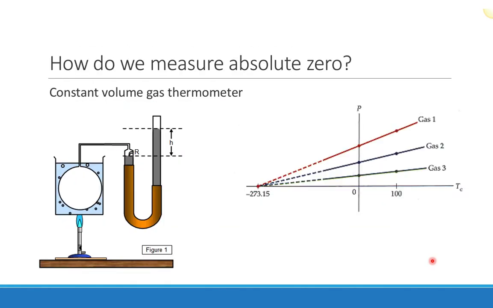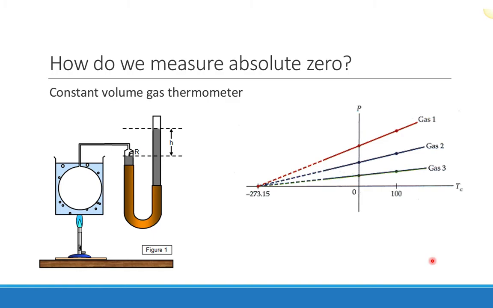So how do we know that there is actually an absolute zero, a lowest possible temperature? And how do we measure that? Because we can't actually cool something down, at least years ago, we couldn't cool things down to be so cold that we're even close to the absolute value. So what we can do is we can use something called a constant volume gas thermometer.